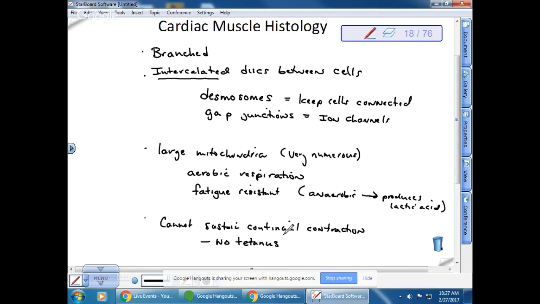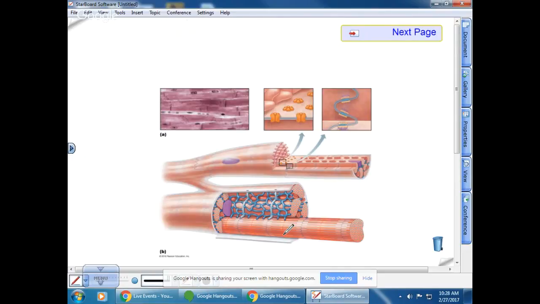Okay, so I gave you a little sheet. So your second sheet of paper is this diagram right here. The other thing that is important to note is that this is striated. So you can see the striations.